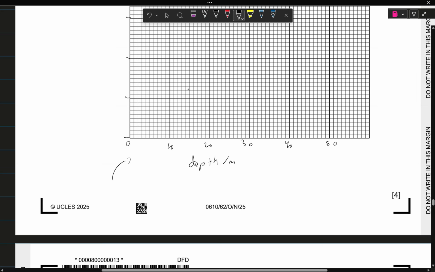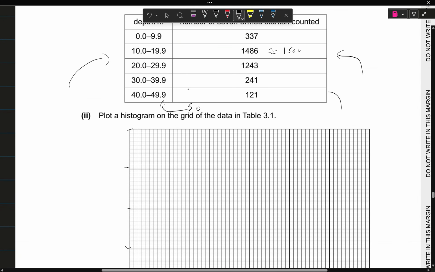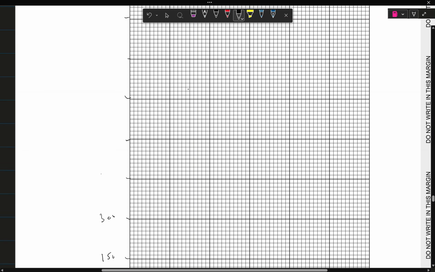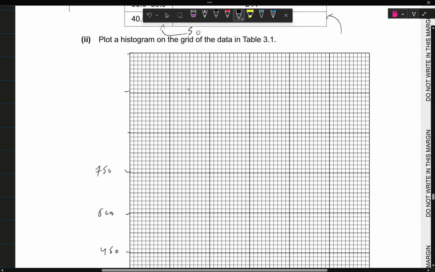Let's try intervals of 150, for example. Since this is less than 150, we can start at 0 here. So this will be 0, 150, 300, 450, 600, 750, 900, 1050, and then 1200.